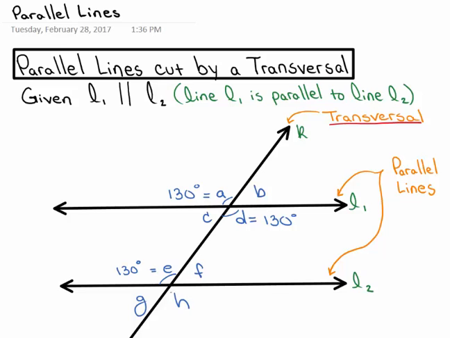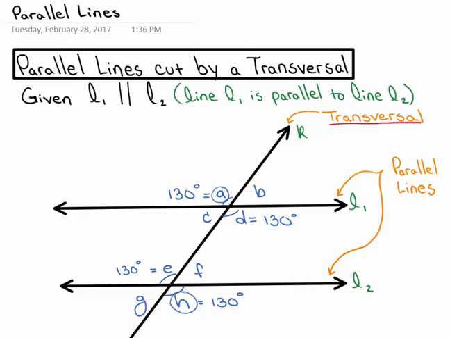And since E is equal to 130 degrees, then that means H is equal to 130 degrees because angle E and angle H are vertical angles. Or we could have said angle H and angle D are corresponding angles. Or we could have said angle H and angle A are alternate exterior angles. So lots of reasoning there.